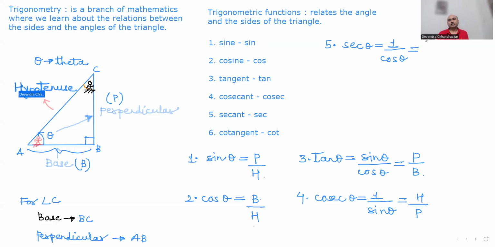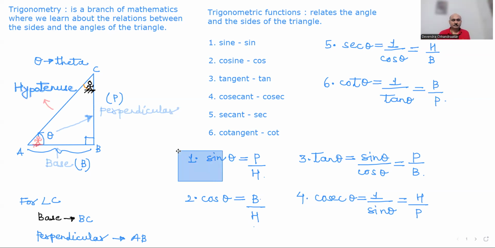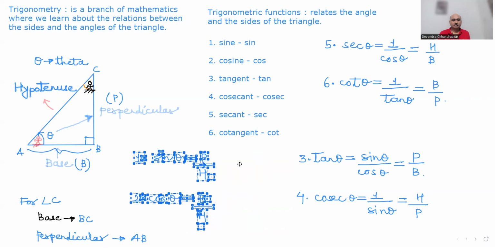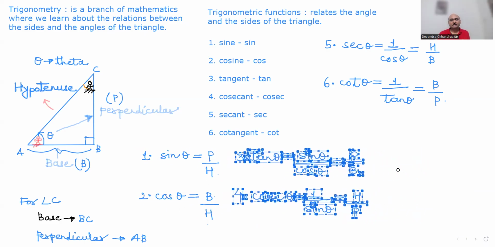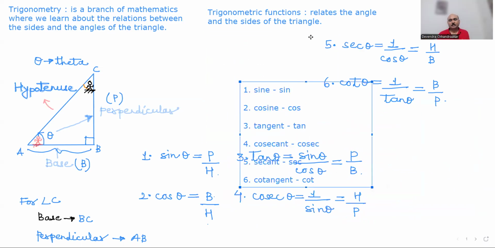So sec theta is 1 upon cos theta. It will be H over B. And the last one is cot theta, which is 1 upon tan theta, and it is equal to B upon P. So this is how we write the relations between the sides and the angles of the triangle.